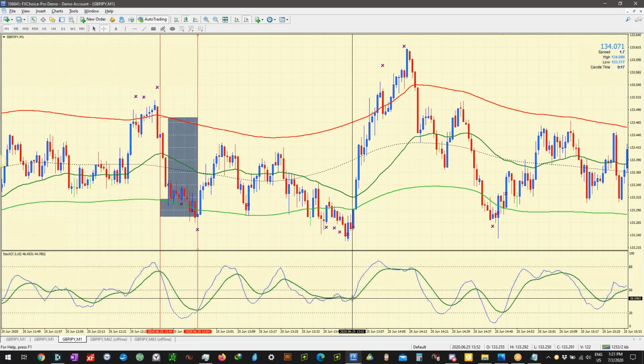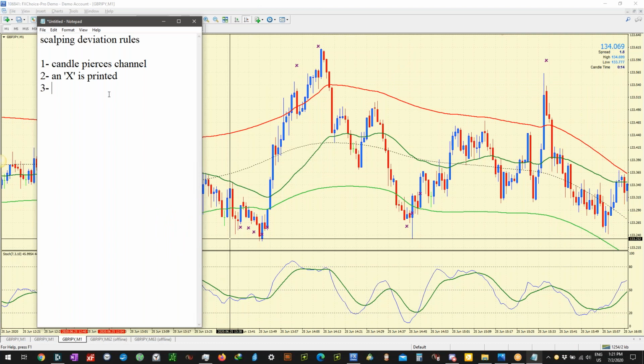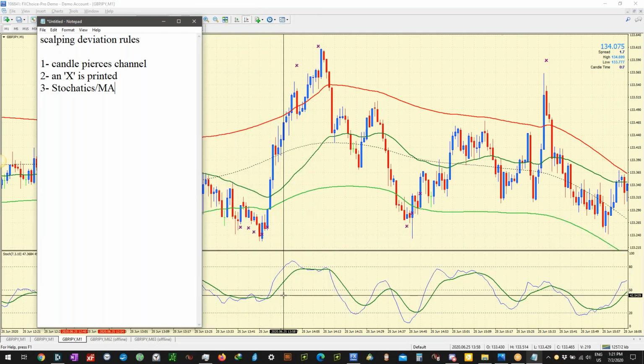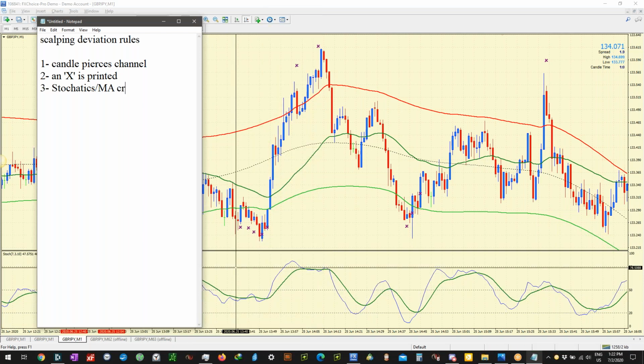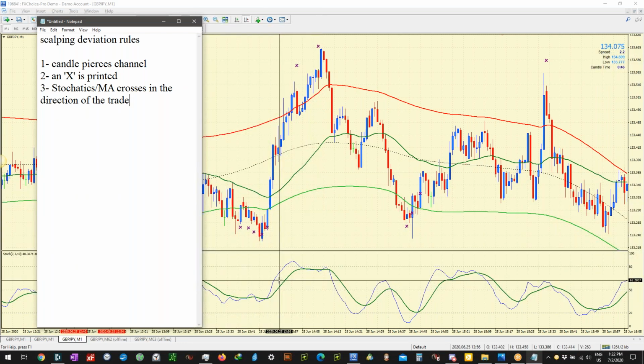Number 3. You will see the stochastic here having crossed. The stochastic, because this is a moving average also. It's not only a stochastic. It crosses in the direction of the trade. So if it's at the bottom, this crosses to the top.